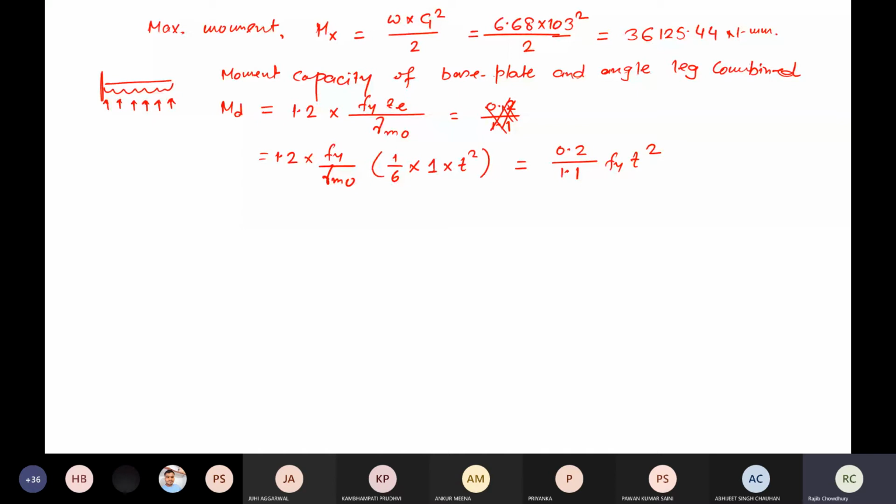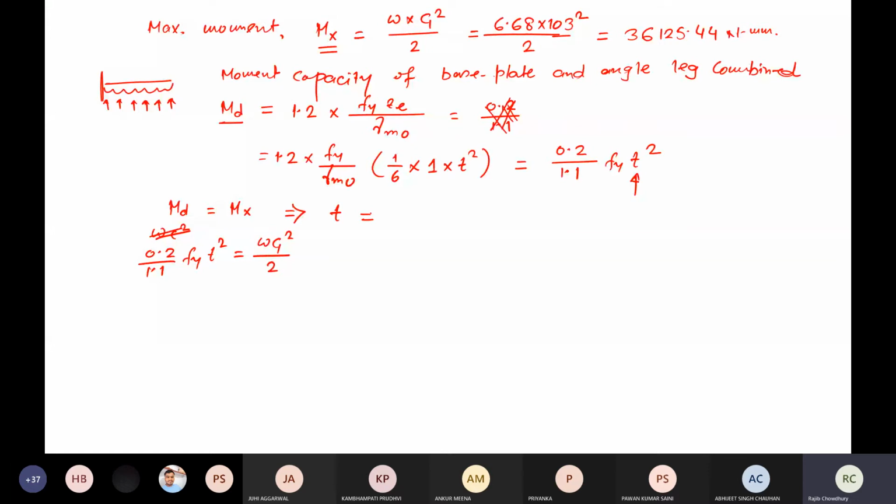So if I do it this way, MD is equal to Mx. From here, let's say MD is equal to WC, this is 0.2 times divided by 1.1 Fy t square is equal to WC1 square divided by 2.